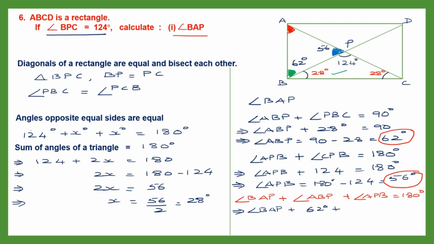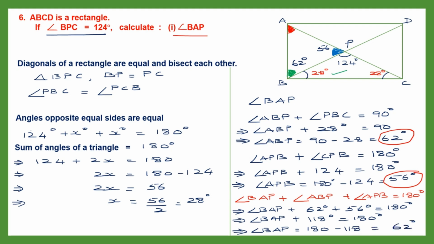How much is APB? 56 degrees. They must all add up to 180 degrees. So angle BAP plus 62 plus 56, that will be 118 degrees, is equal to 180. So angle BAP will be equal to 180 minus 118, which is 62 degrees. So we have found the value of angle BAP, and that is 62 degrees.